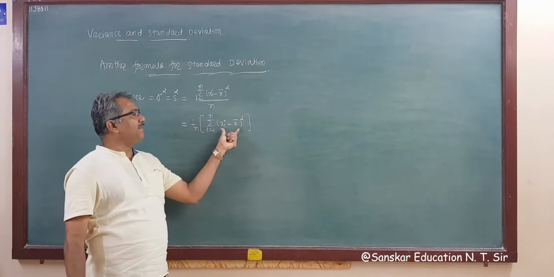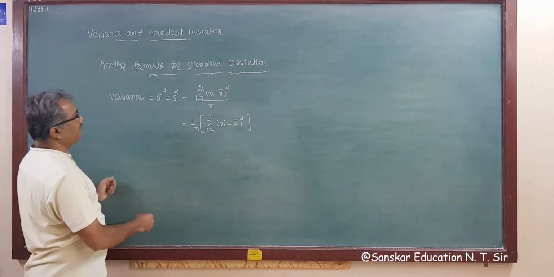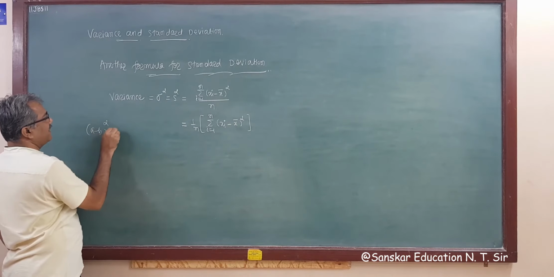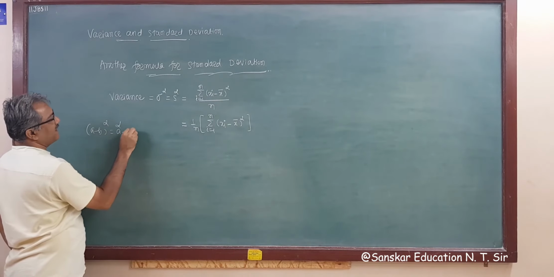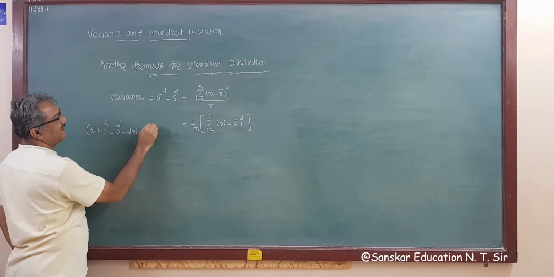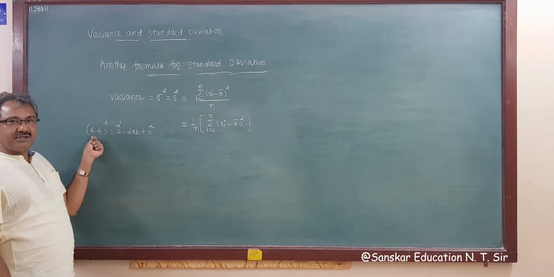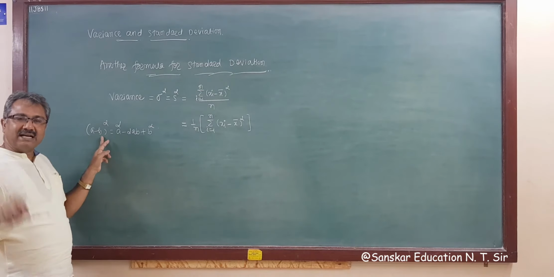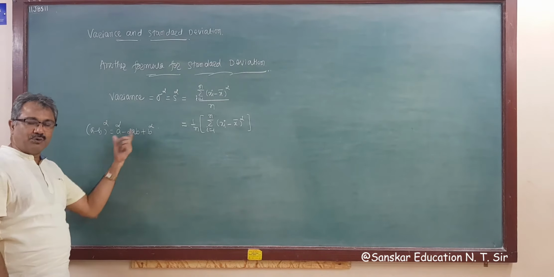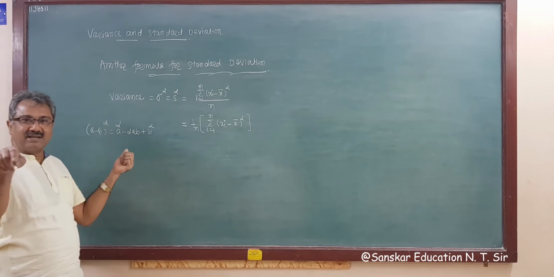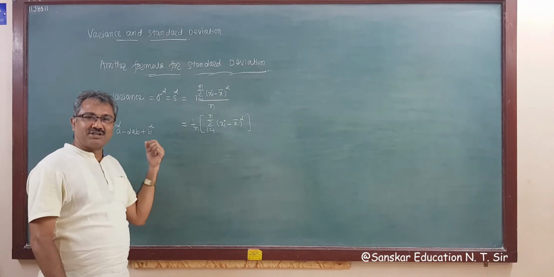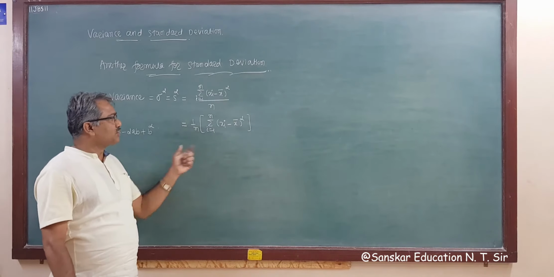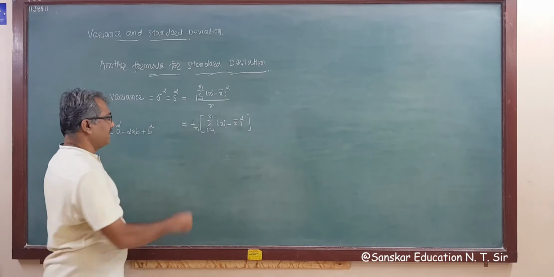Now this is a minus b whole square, and you know the formula for a minus b whole square is a square minus twice ab plus b square, that is, square of first minus 2 times first and second term plus last term square. You learned this in 10th standard, 9th, 8th, all standards, and you apply this formula for simplification, right? So now applying this formula here, what do we get?